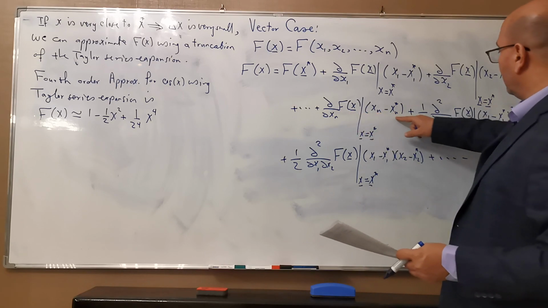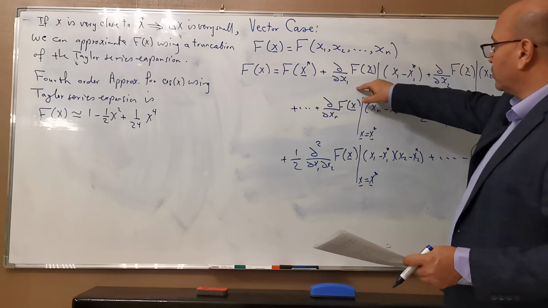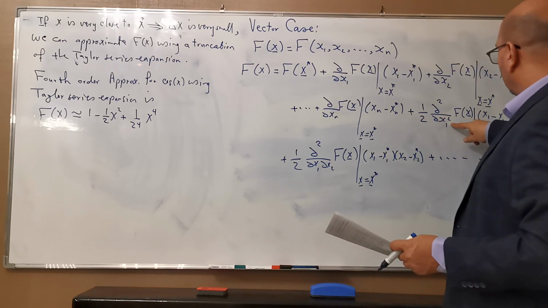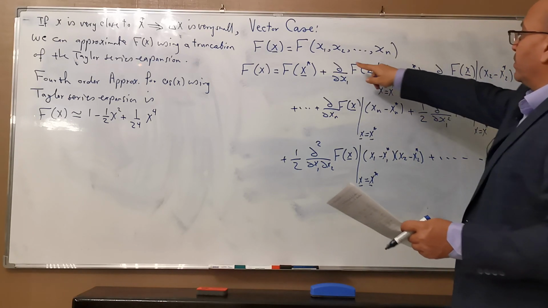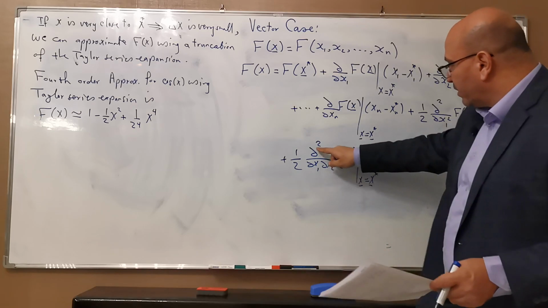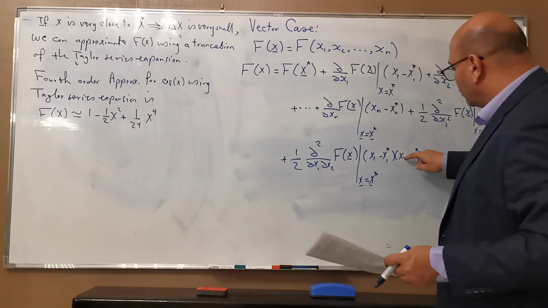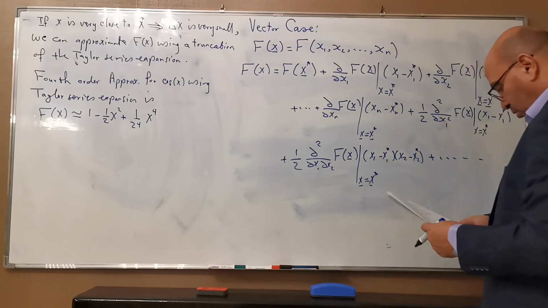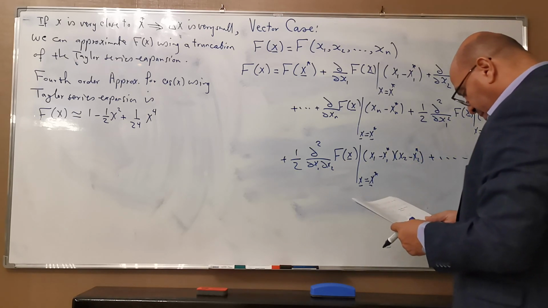Notice that here we did all the first order partial derivatives for all elements, then the second partial derivative with x1, then the next one with x1 and x2, x1 and x3, x1 and x4, and we keep doing all those derivatives in this manner.